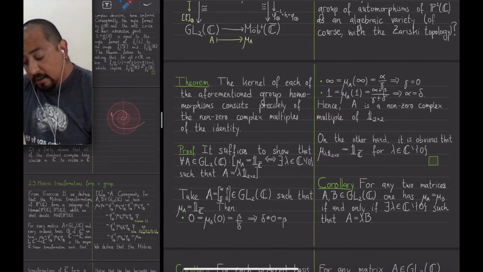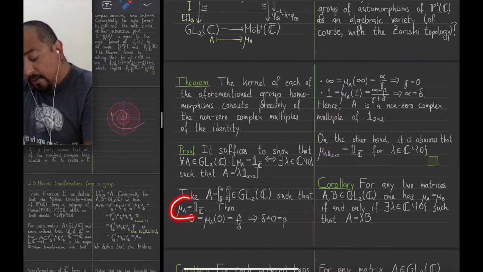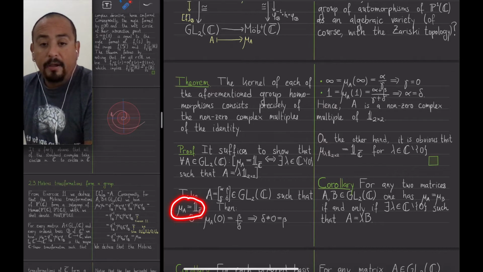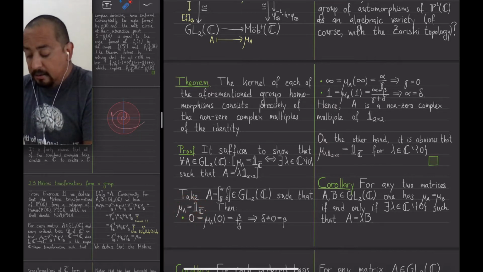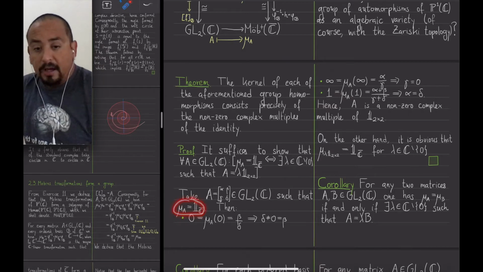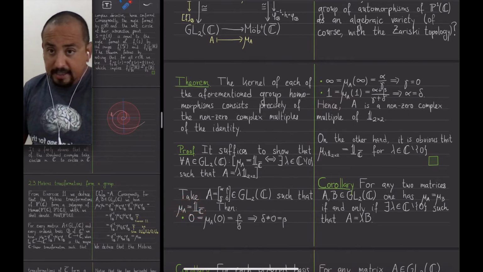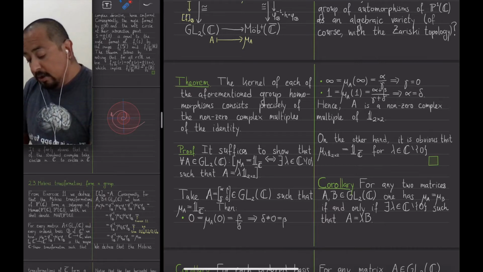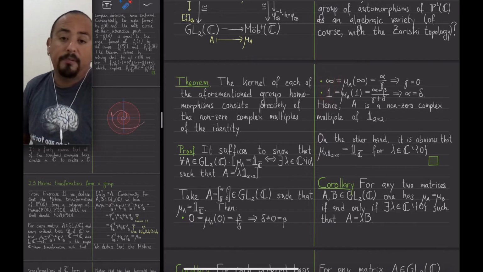notice we didn't use this in its full power. That is, we didn't use that mu A of any complex number is that same complex number. We only used 3 points.